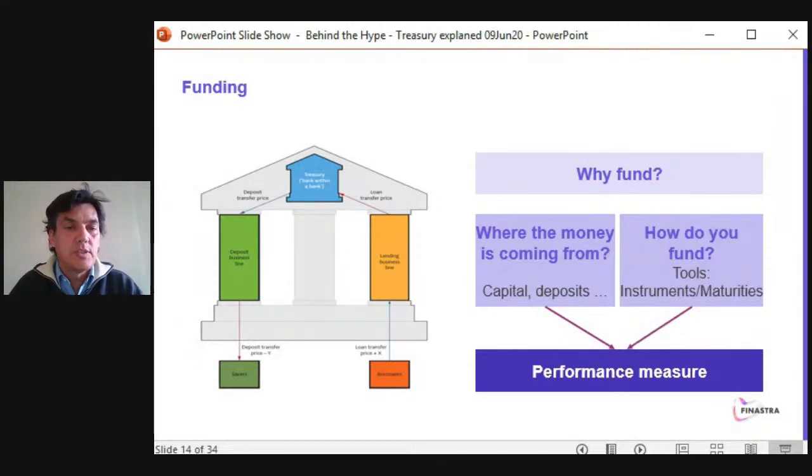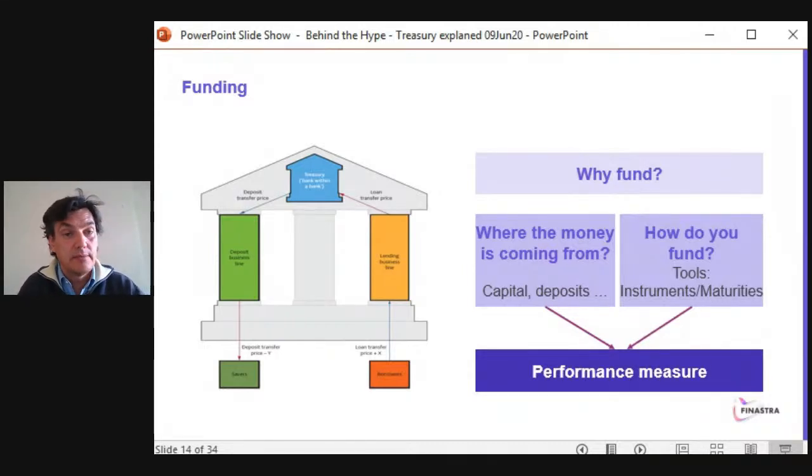Actually, it's been used by bankers and treasurers now for almost 20 years, the risk-free rate. So Sonia in the UK, for example, started in 1996, and it has been used as a performance measure since. So that's interesting. So that's the funding function.